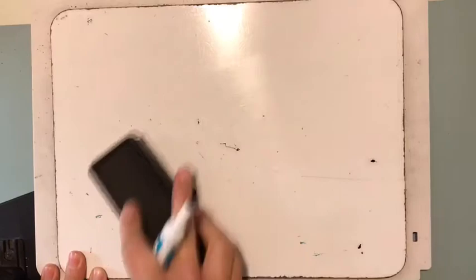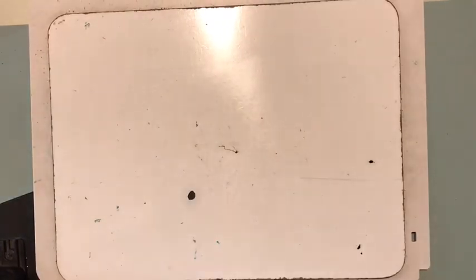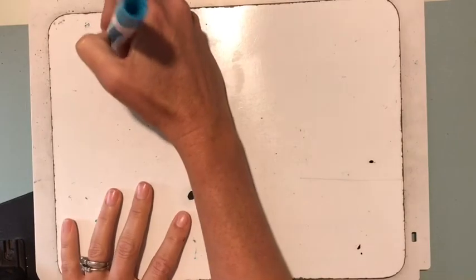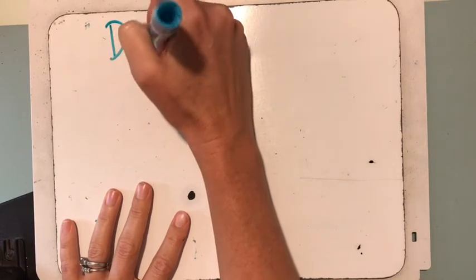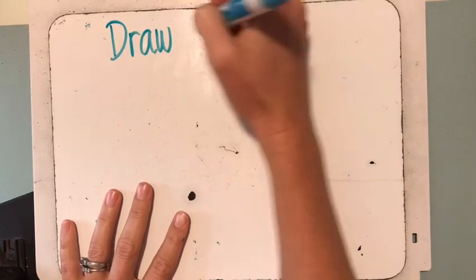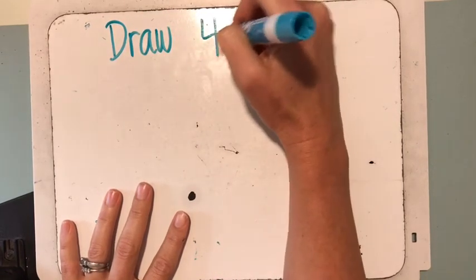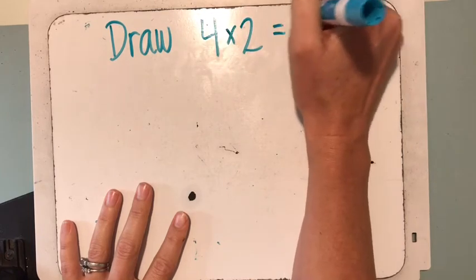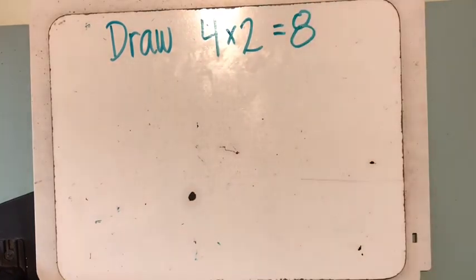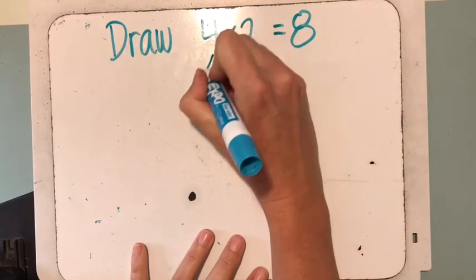Here's our last one. Okay, this time you get to draw. Draw 4 times 2 equals 8. So you're going to draw a picture that shows 4 times 2 equals 8. So here's a hint.